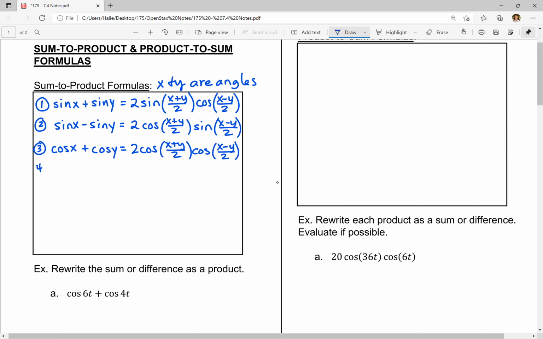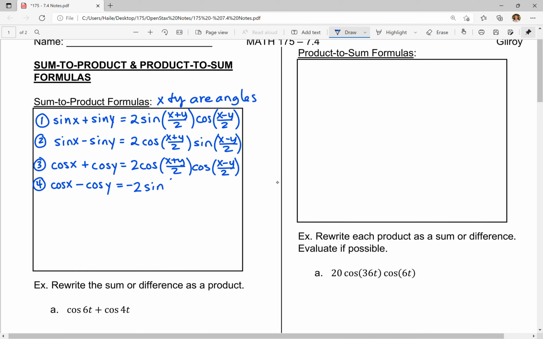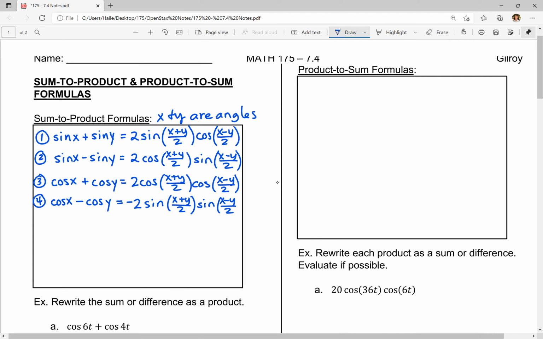If we have a difference of cosines, so if we have cosine x minus cosine y, that's going to be equal to negative 2 times sine of (x plus y) over 2 times sine of (x minus y) over 2.